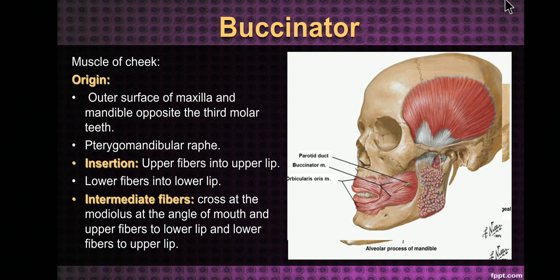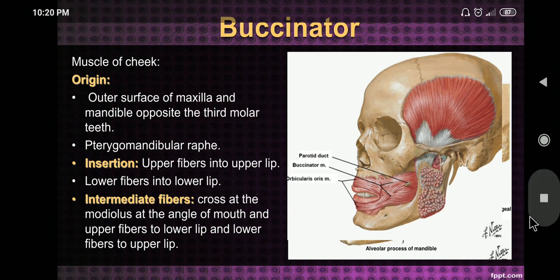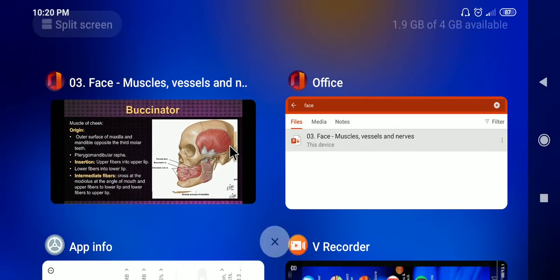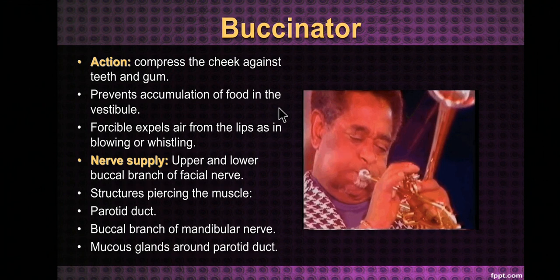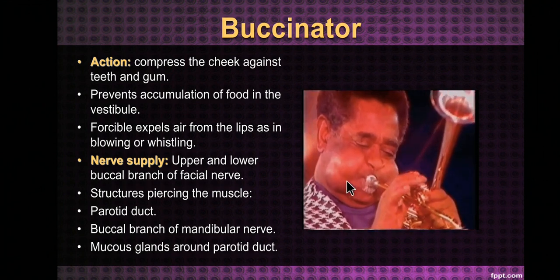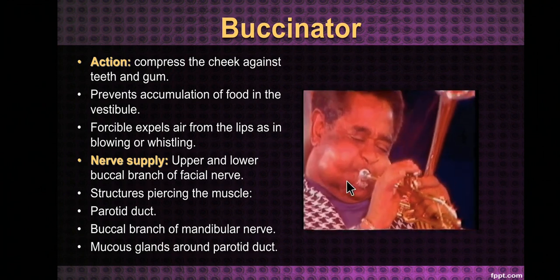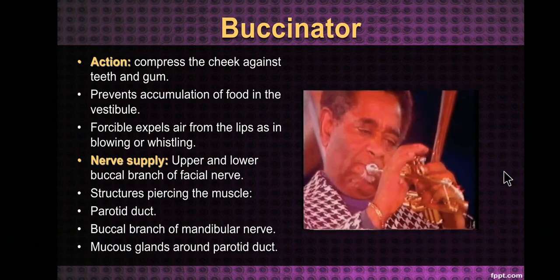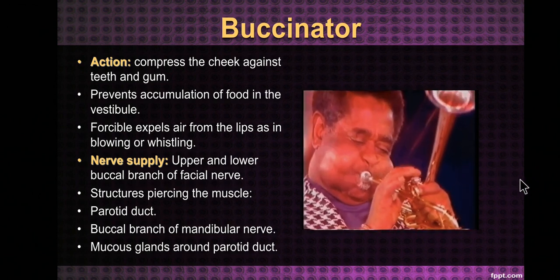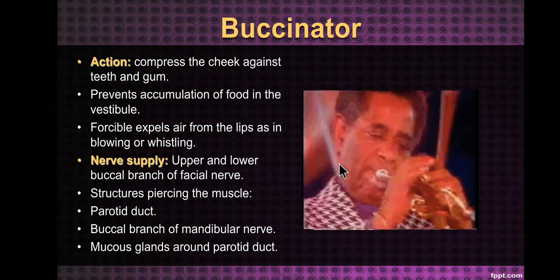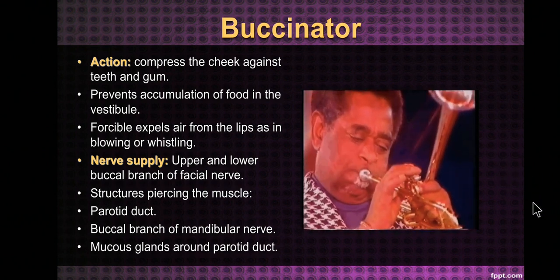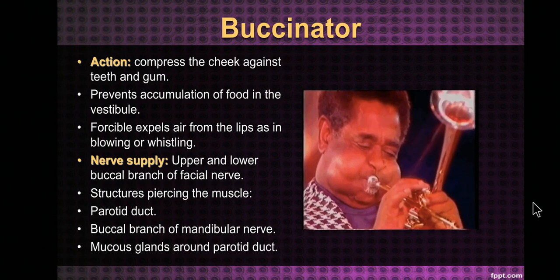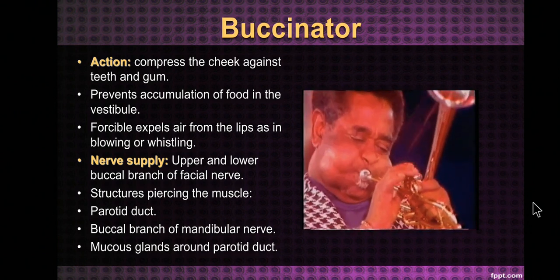Next, coming to the action: it compresses the cheeks against the teeth and gums and prevents accumulation of food in the vestibule. So the action of the buccinator is more of a masticatory muscle than a muscle of facial expression.